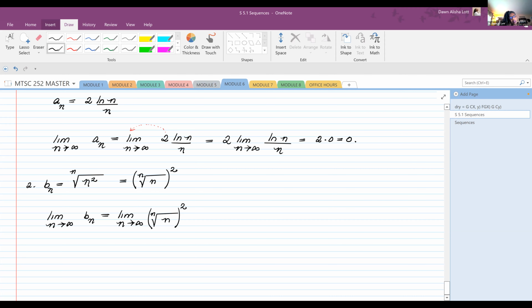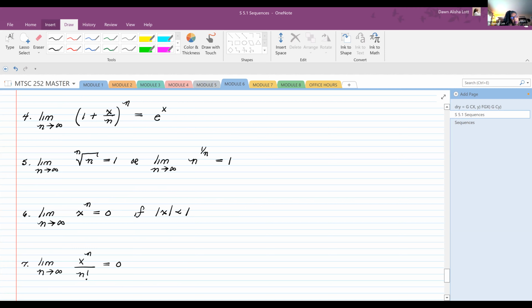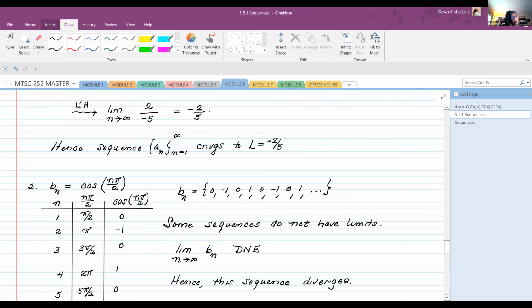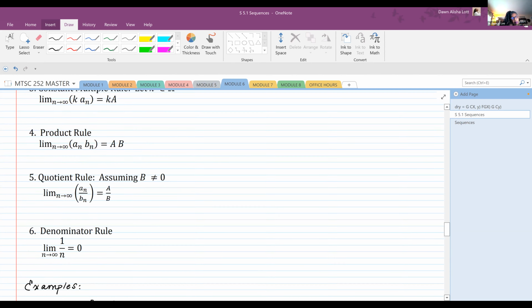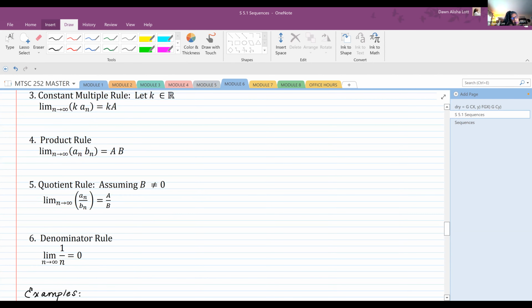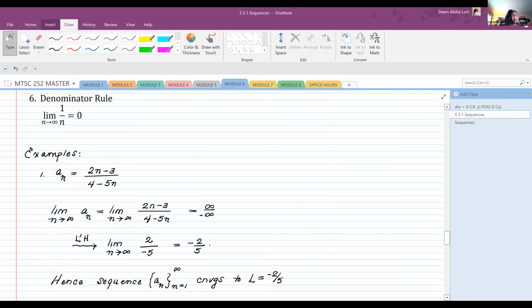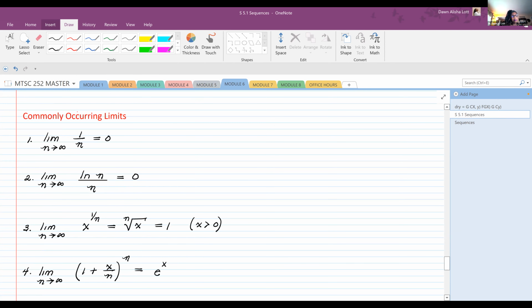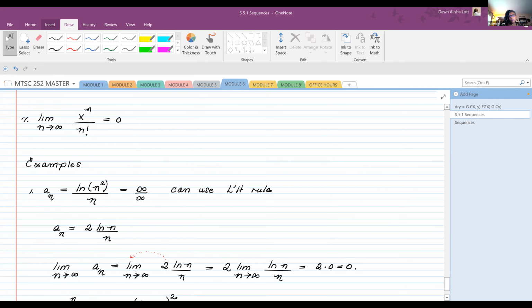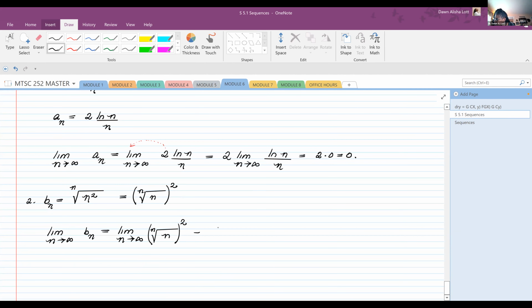Why do I feel like I missed the power rule when I did these common rules? Okay, there is a power rule that says I can write this as the limit as n goes to infinity of the nth root of n and then square that value. So that's 1 squared, which is just 1.